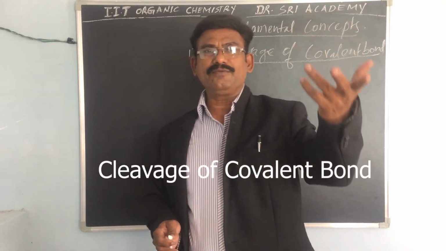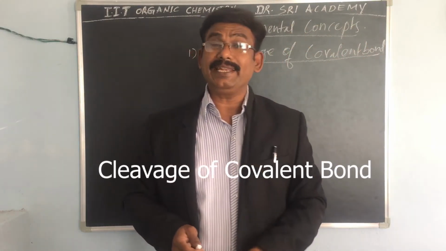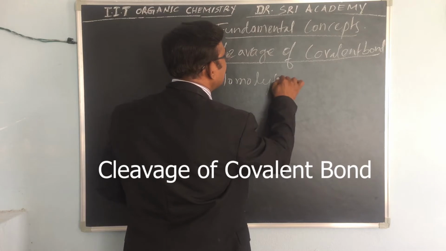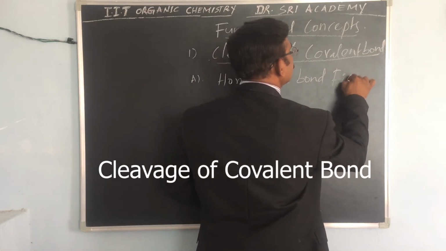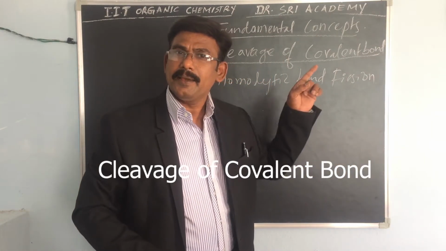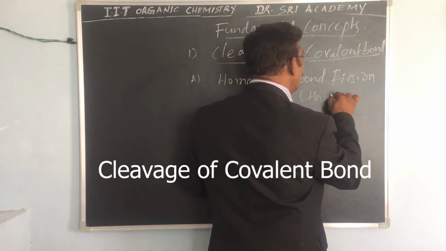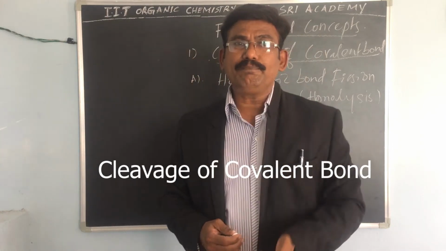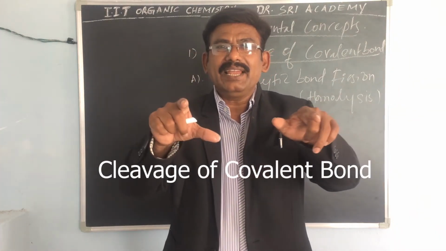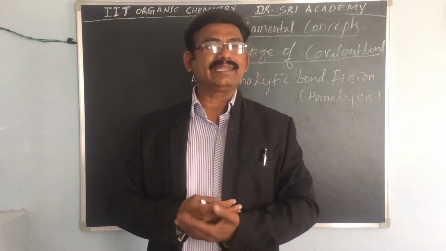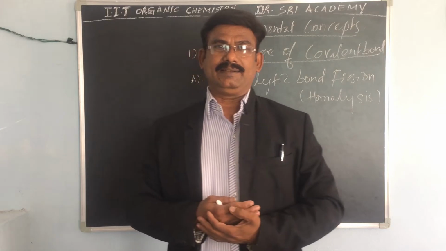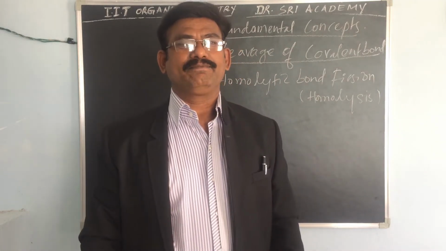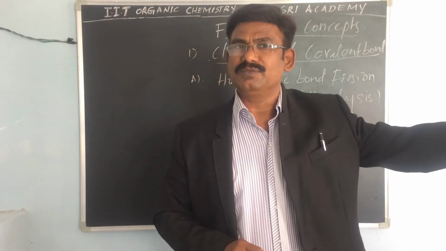The first is homolytic bond fission, or simply homolysis. It means the covalent bond is cleaved, and it leads to the formation of odd electron species known as free radicals. So when the covalent bond cleaves, what compounds are formed? Free radical compounds are formed.